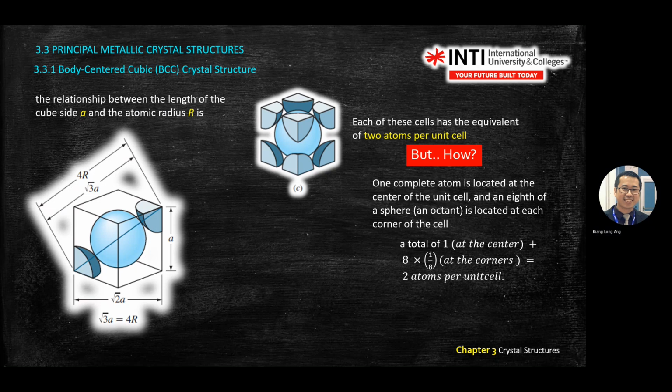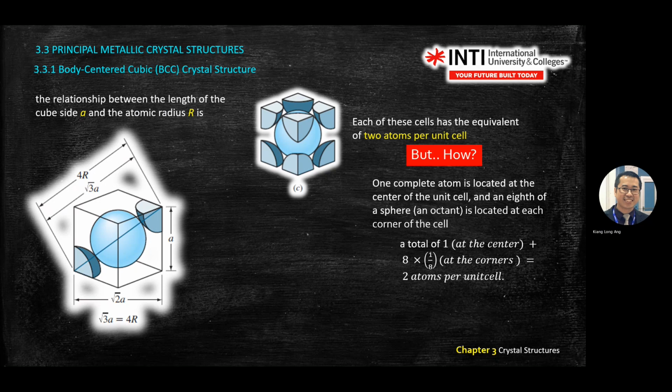Trigonometry? Yes. X equals square root of A square plus A square. What you get is square root 2A, or square root of 2A square. So your X here equals square root 2A. Right?